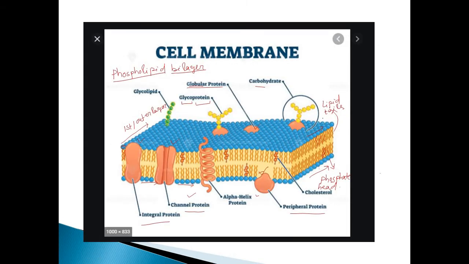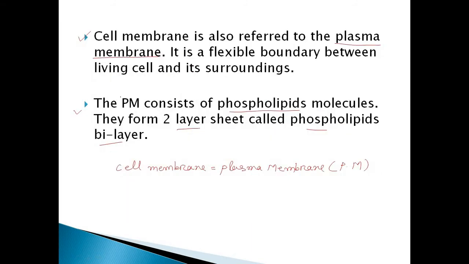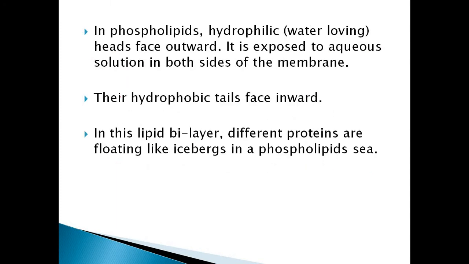This is the first layer, and this one is the second layer, and these two layers form the phospholipid bilayer. I hope it is clear now. I'm going to the next slide.